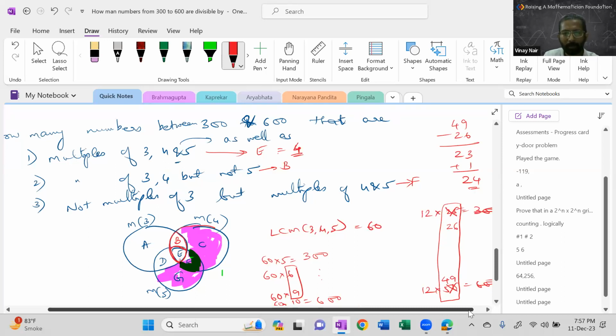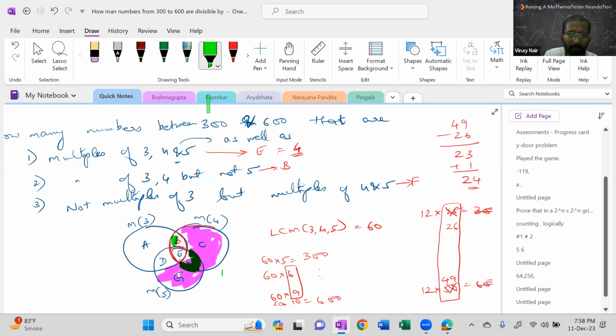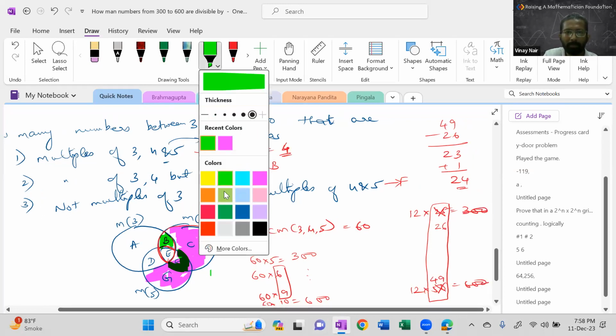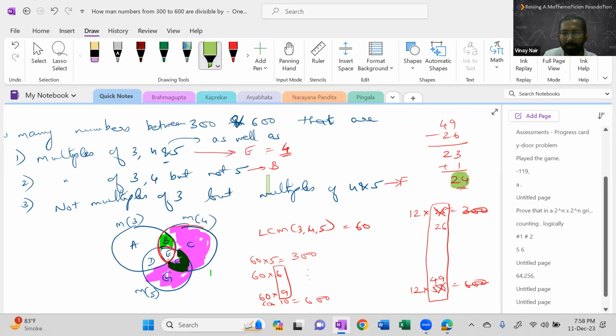This is tricky now. We want multiples of 3 and 4, but not 5. That means we are looking at B, but not E. Can somebody tell me this answer 24 comes under which section? Which alphabet covers 24? Aitreya?